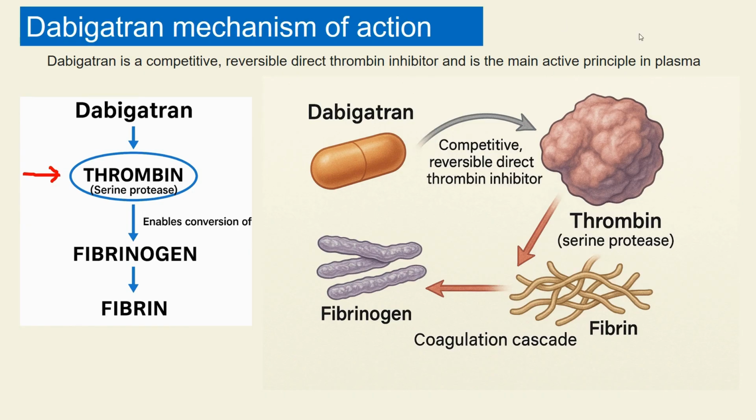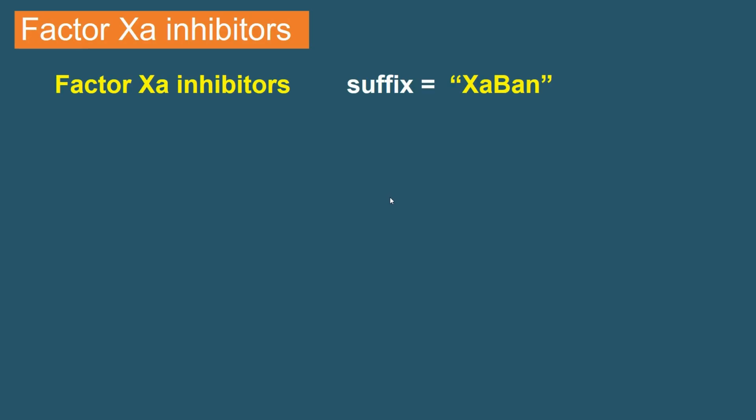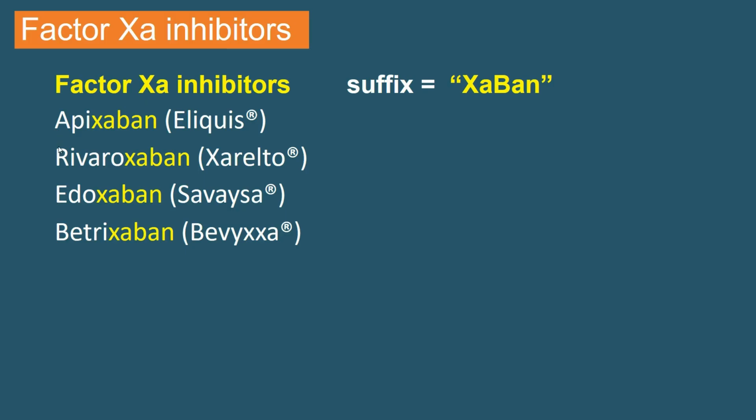Next is the other class of anticoagulant, known as factor 10A inhibitors. All factor 10A inhibitors end in xaban. XA means in Roman numerals the 10. So the mechanism is factor 10A inhibition. So you have apixaban, rivaroxaban.